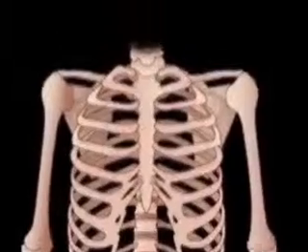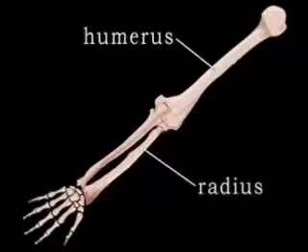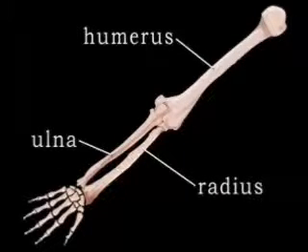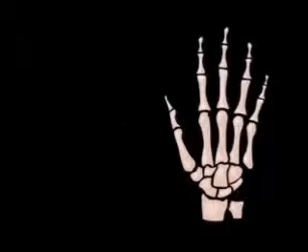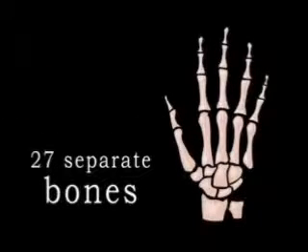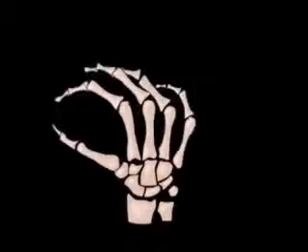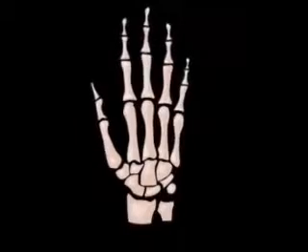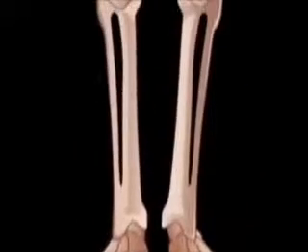The bones of the upper extremities, or arms, are connected with the axial skeleton. The arms themselves are composed of the humerus, radius, and ulna. Then we have the hand, which consists of 27 separate bones. That's why people are able to execute any type of movement as they want, more than any other part of our body.